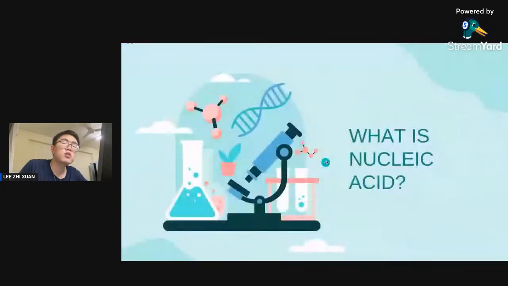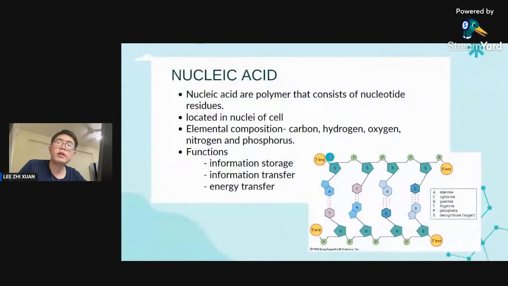So what is nucleic acid? We can define it as the polymer structure that consists of nucleotide residues. Nucleic acid is the common name for the polymer, like carbohydrate and protein.